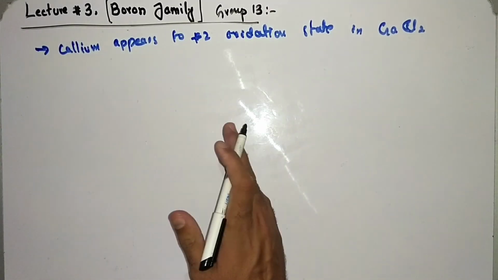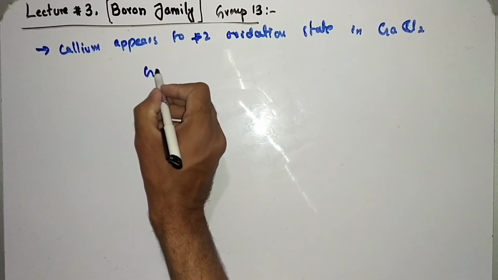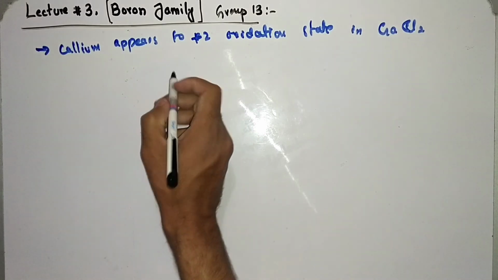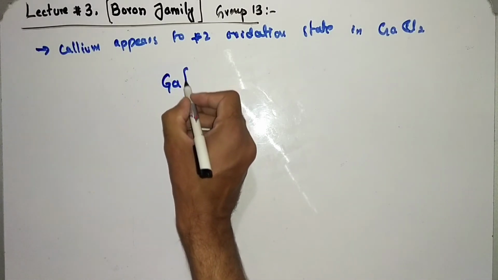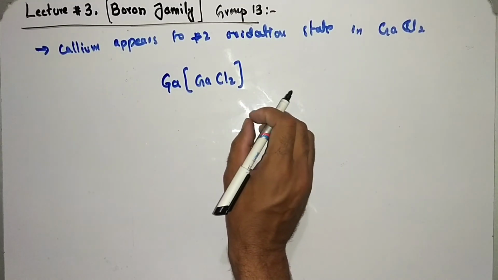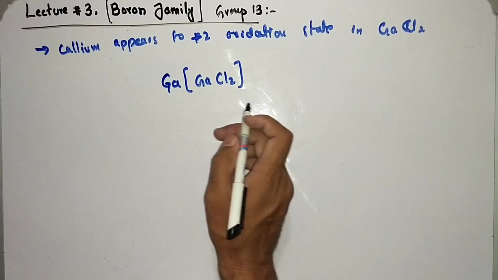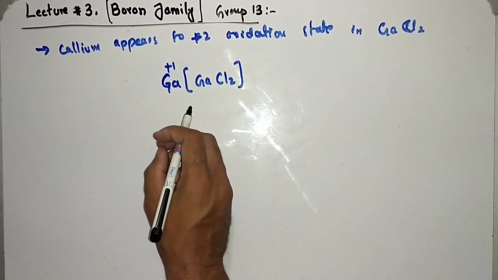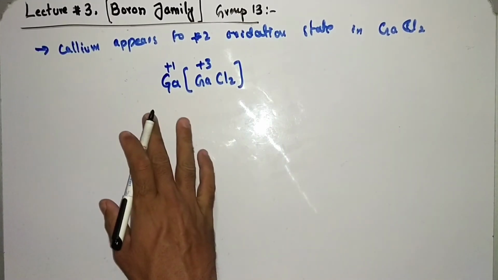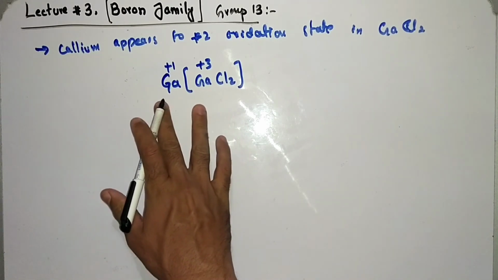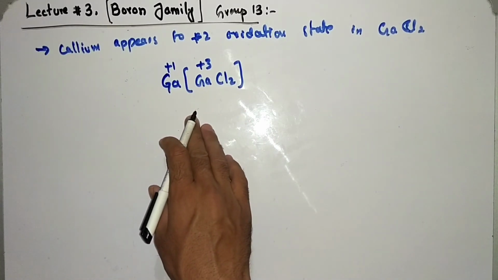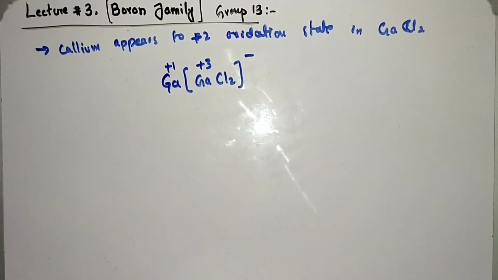However, it is believed that this compound has a structure in which one gallium is univalent and one is trivalent. So in one compound two gallium atoms are used: one gallium has a +3 oxidation state and one gallium has a +1 oxidation state. I hope the point is clear.